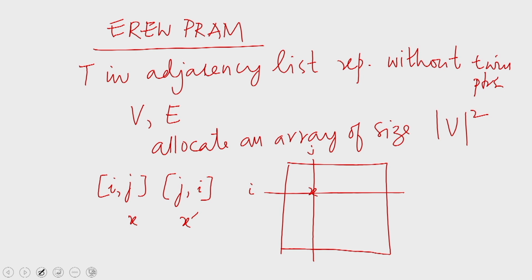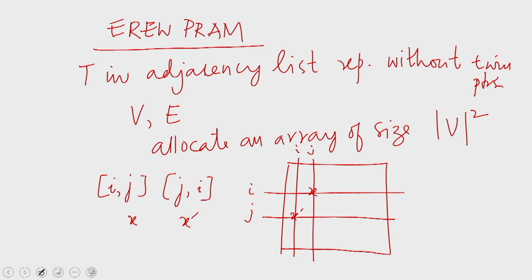At the same time, the processor sitting on the jith location will write x prime in the jith location of the two dimensional array. Now, these two writings happen simultaneously, and since the writes are in different locations, there is no write conflict.